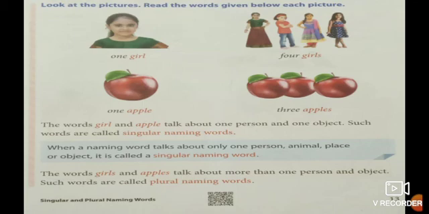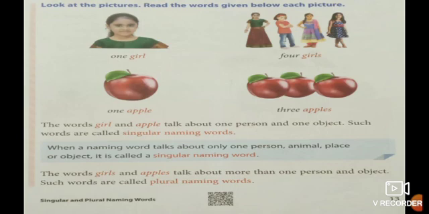And next see, the words girls and apples talk about more than one person and object. And children, when we saw the next picture, it was written girls, apples. Okay, so it means that we are talking about more than one.